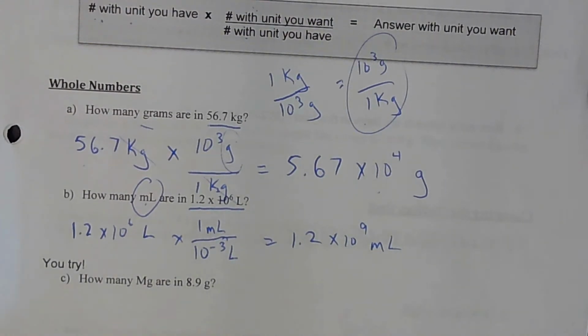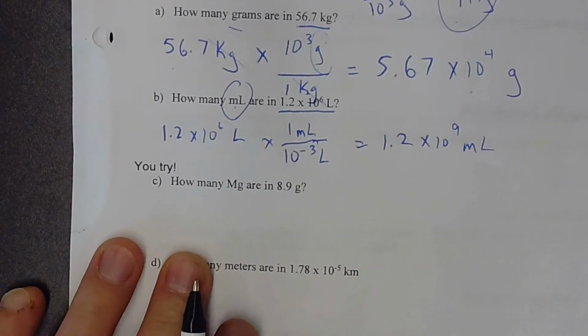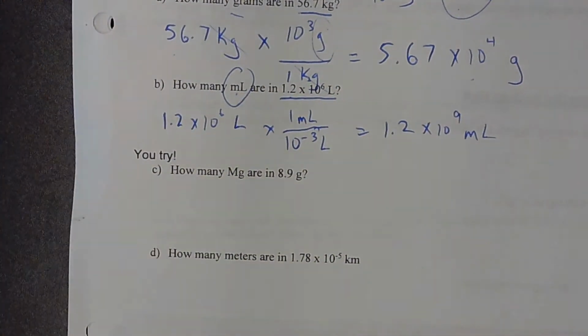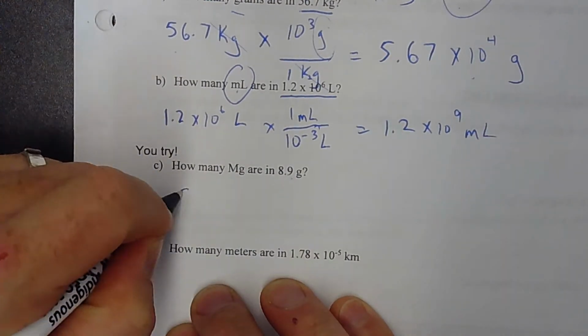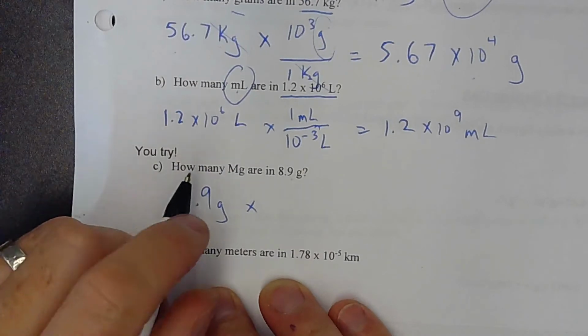Okay, you guys try the next two and see how you do. We'll just pause it and then come back. Okay, so I'll do this one. How many megagrams are in 8.9 grams? So write down what you have: 8.9 grams. Mega is 10 to the 6.